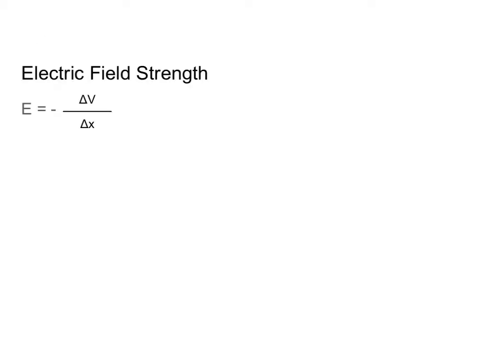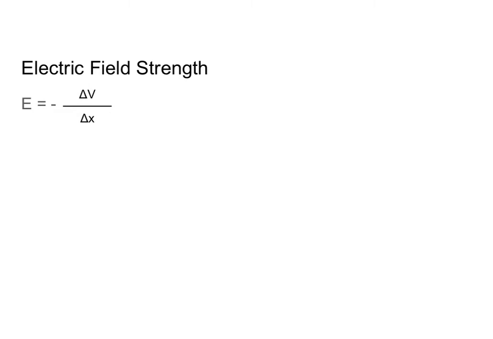And from that slope, that gradient, we can actually find our electric field strength. So remember, our electric field is given by the voltage between two parallel plates divided by how far apart they are from one another.